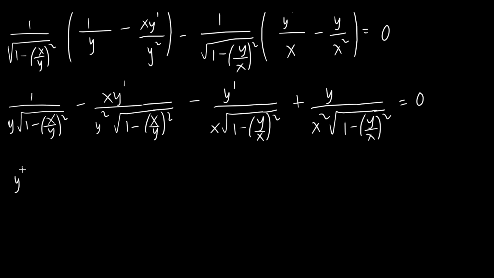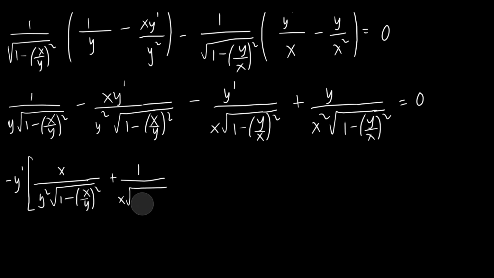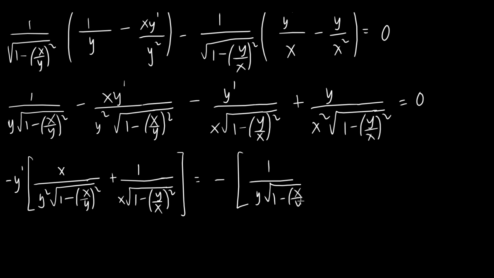So we have negative y prime, so bracket: x all over y squared square root of 1 minus (x over y) squared, plus 1 all over x multiplied by the square root of 1 minus (y over x) squared, equals negative 1 all over y square root of 1 minus (x over y) squared, plus y all over x squared square root of 1 minus (y over x) squared.